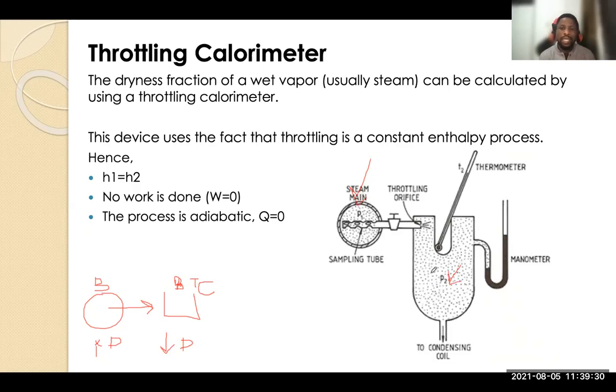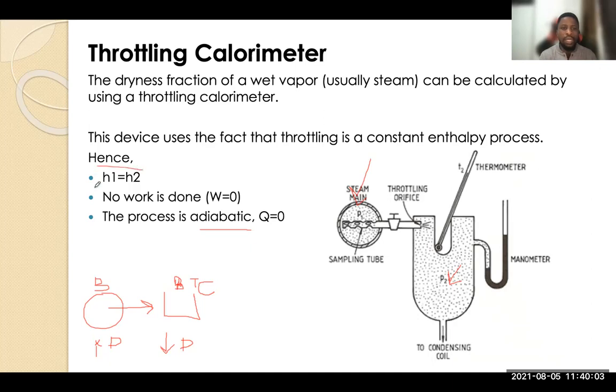Take note of that. Another principle you want to take note of is this is a constant enthalpy process. If you remember where this subject started from, we looked at adiabatic systems and isochoric, different types of isothermal, different processes. So take note, it's an adiabatic process, meaning the heat transfer is 0, and also no work is done.